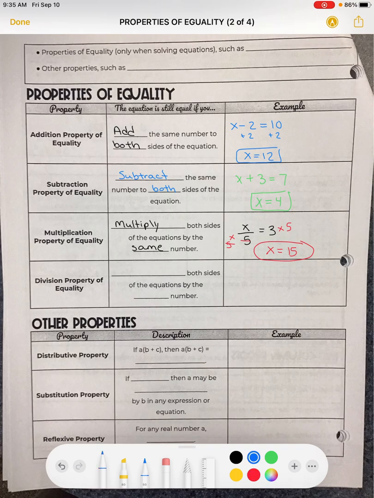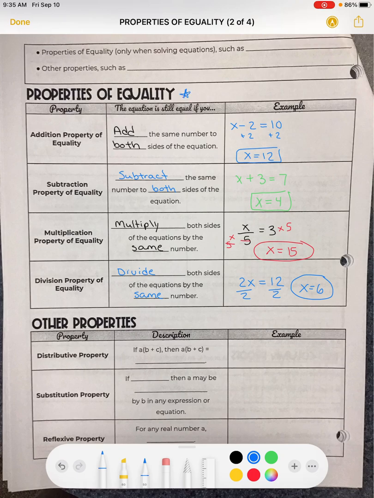These are just things that we've used in the past. Division would be to divide both sides of the equation by the same number. So like if you had 2x equals 12 and you want to solve for x, you learned that you should divide by 2. So that was the division property.